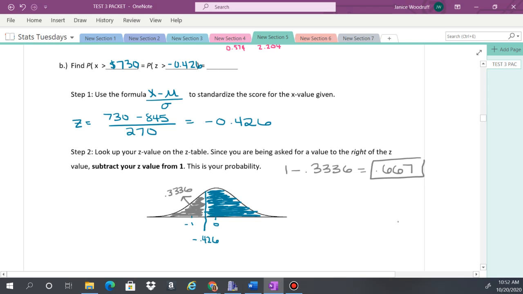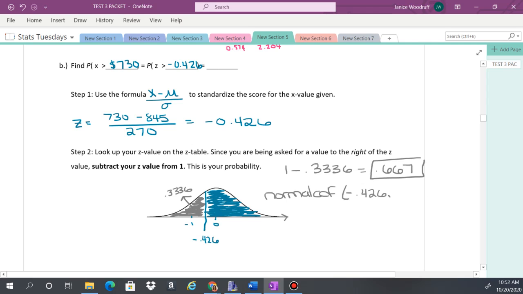Okay, or you can put this in your calculator. Now in your calculator, you would do normal CDF. Your lower limit is your leftmost limit. So if I'm going greater than, my lower limit is negative 0.426. And then I'm going to the right, so I'm going this way.